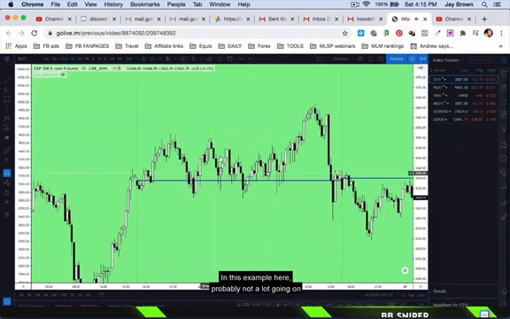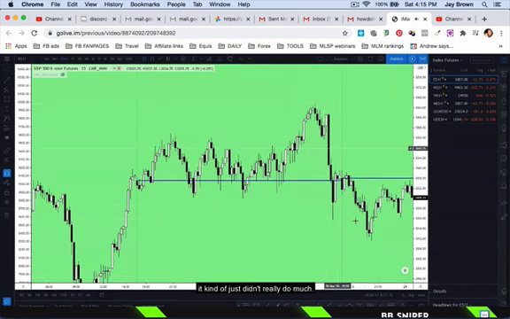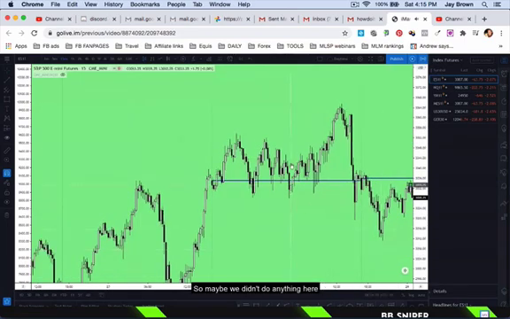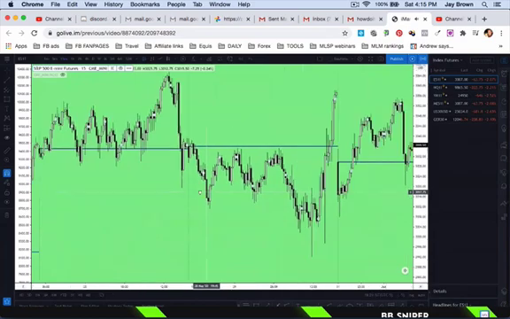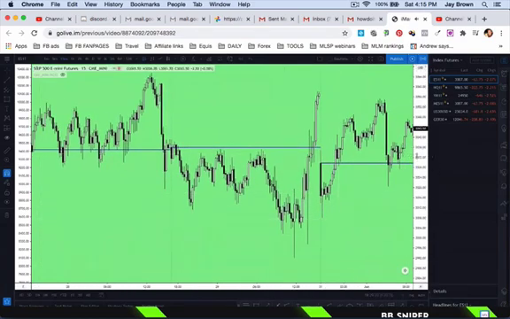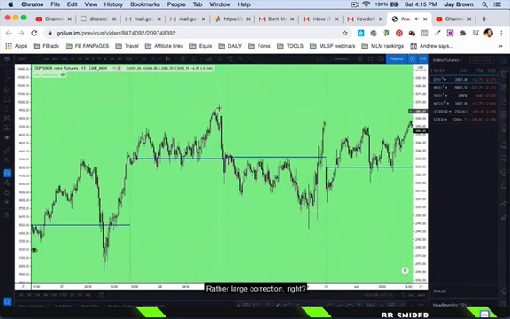In this example here, probably not a lot going on, rather a consolidation day. And even at the end, it kind of just didn't really do much. So maybe we didn't do anything here, or maybe we took a loss here. All right, no big deal. Rather large correction, right?